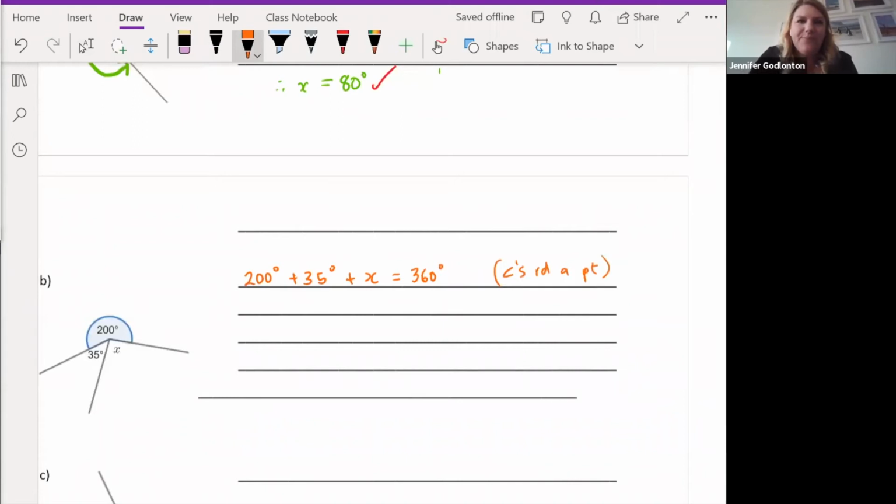Okay, next line. 235 degrees plus x equals 360. Okay, I like it. Next, you're going to take the 235 over, so it's going to be x equals 360 minus 235. 100%. And so what does x end up equaling? 125.